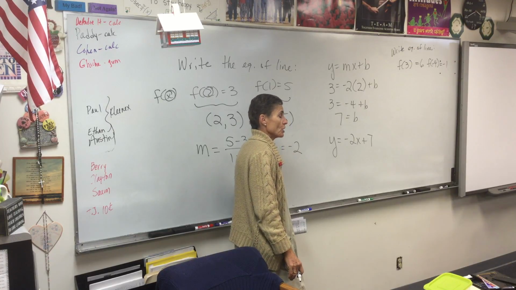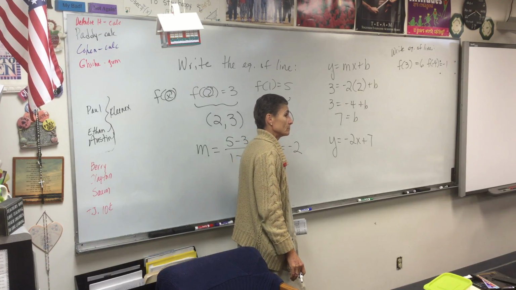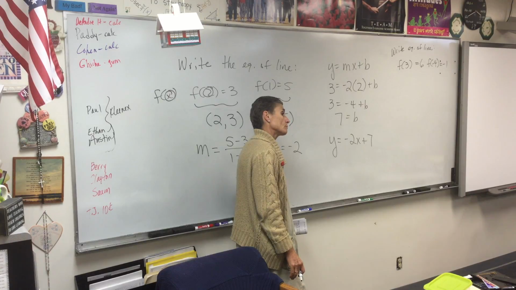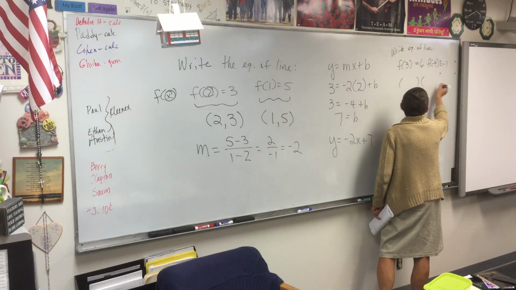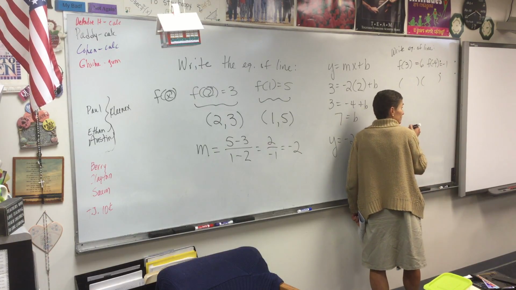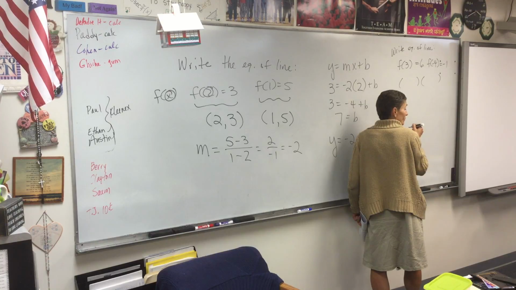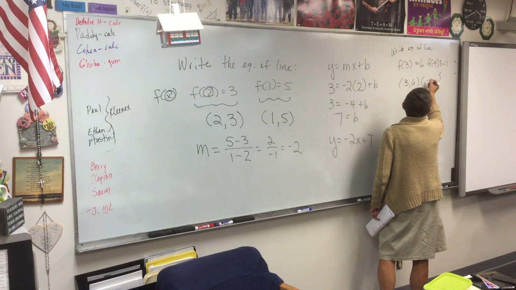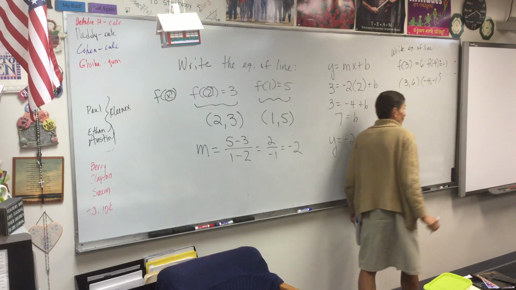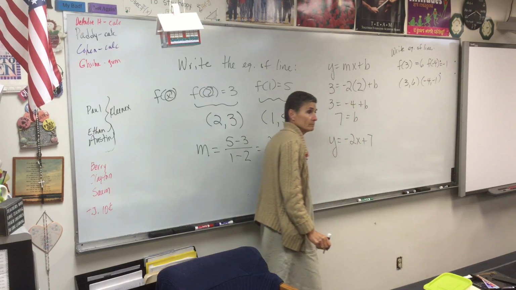So what do we do first, John? You remember? Yeah, the 2 ordered pairs. That's exactly right. So John, what would the 2 ordered pairs be? Yep. Those are my 2 ordered pairs. Everybody on board?